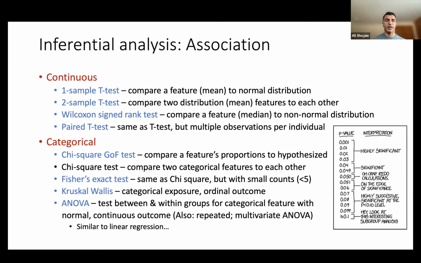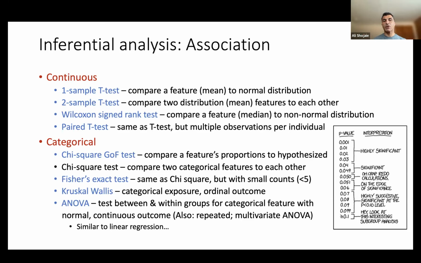There's another one that is called the Kruskal-Wallis test. It's most appropriate when you have a categorical exposure and an ordinal outcome. This is a little bit out of order because I haven't talked about exposure and outcome yet as much, but in the setting where you have a categorical exposure, like giving the vaccine or not, and then your outcome is ordinal, so there's an order in the categories that you observe for the outcome, then the Kruskal-Wallis test could be used in that case.